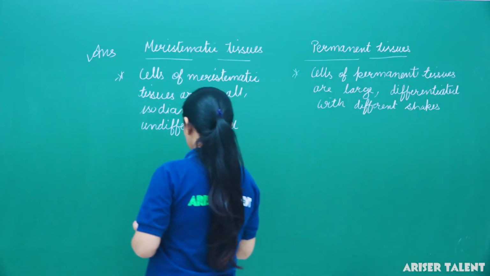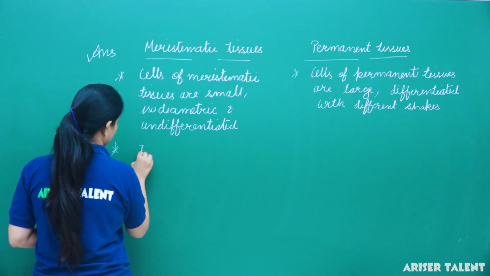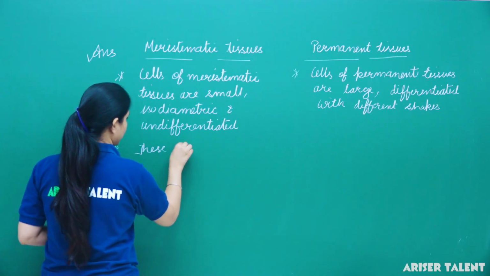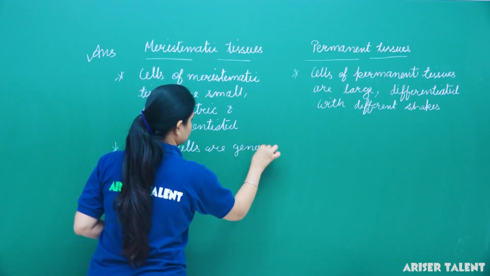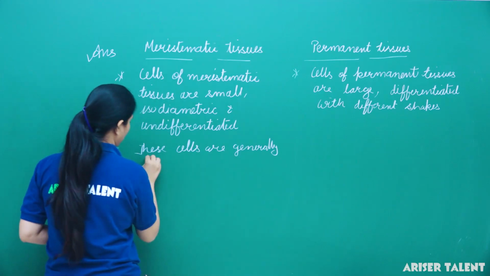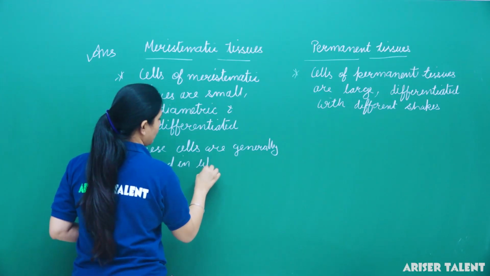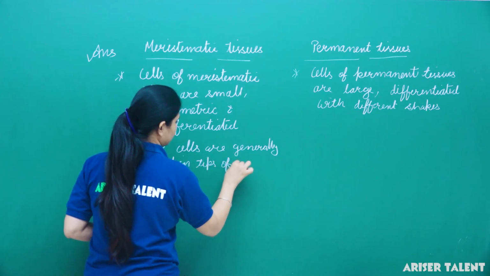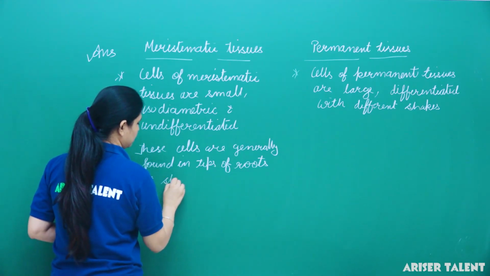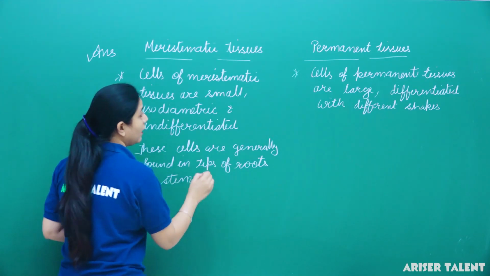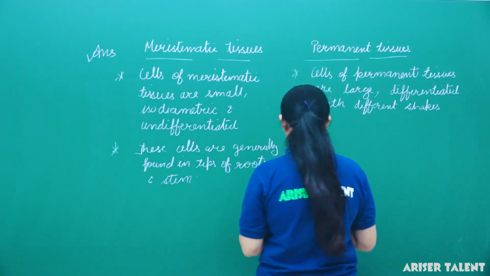And meristematic cells are generally found in the tips of roots and stem, and these cells are generally found in all parts of the plants.